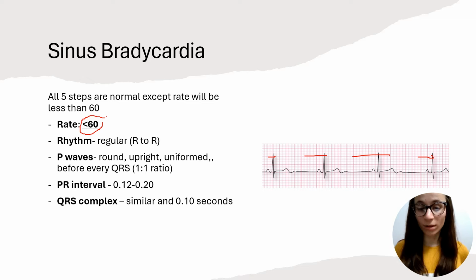Otherwise, everything is normal because your distance, which is your rhythm, R to R, is the same between each one. Your P waves are round, upright, uniform before every QRS. Your PR interval is perfect, less than 0.20 seconds. And your QRS complex is narrow, under 0.10 seconds. So that's perfect. It's just bradycardic. It's a little slow, but it's a normal sinus.